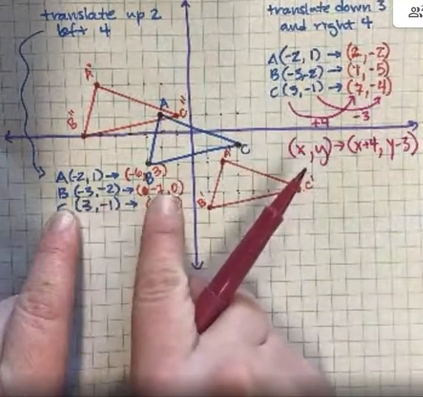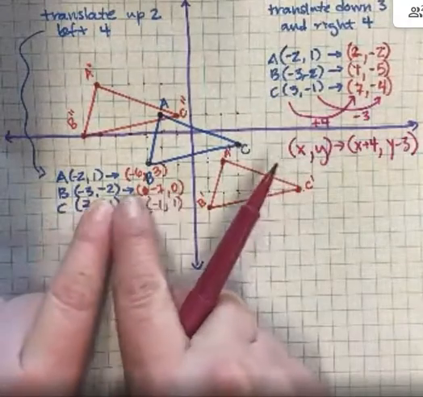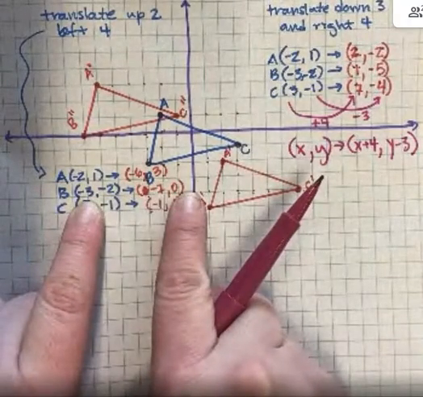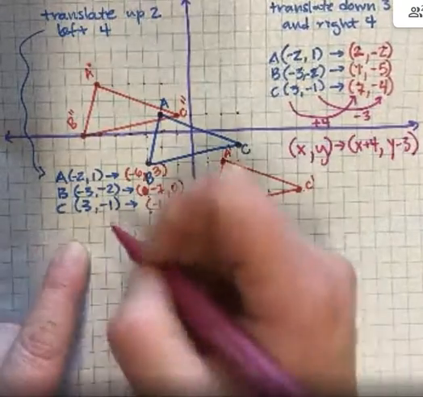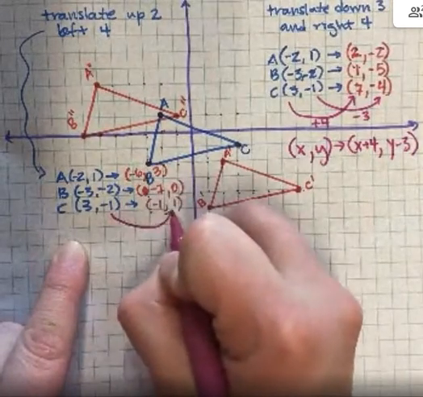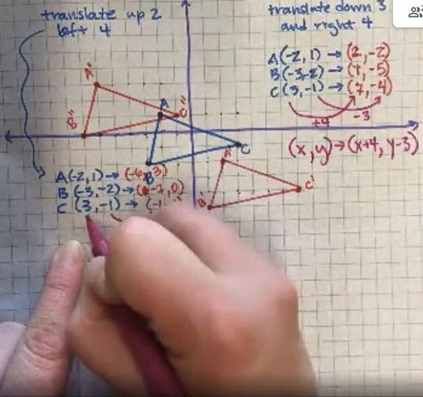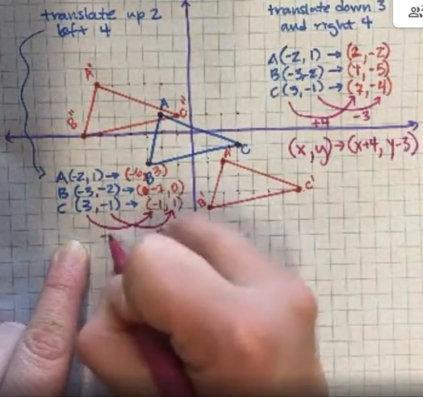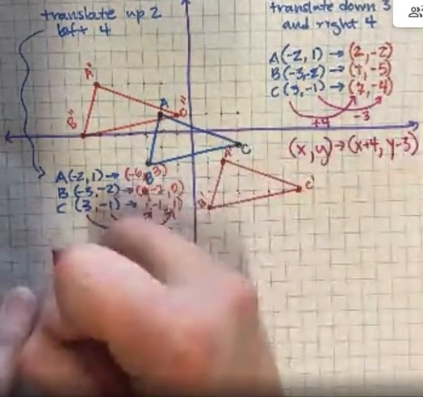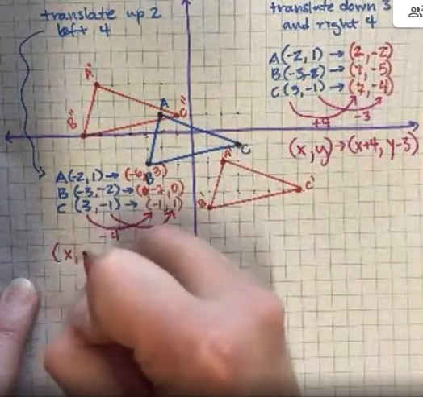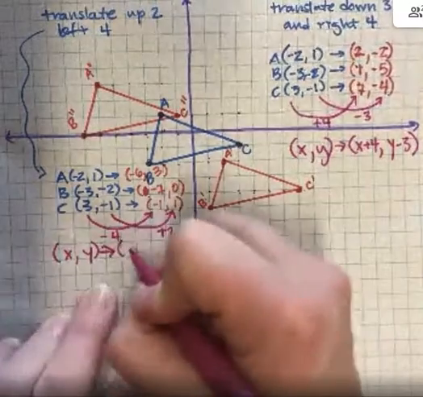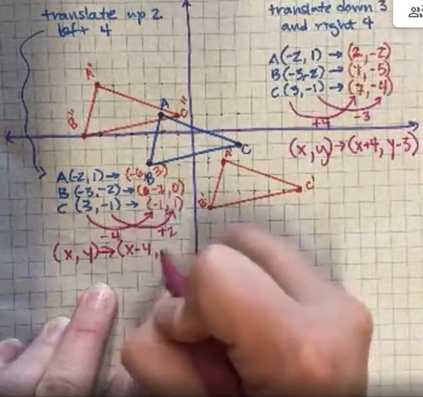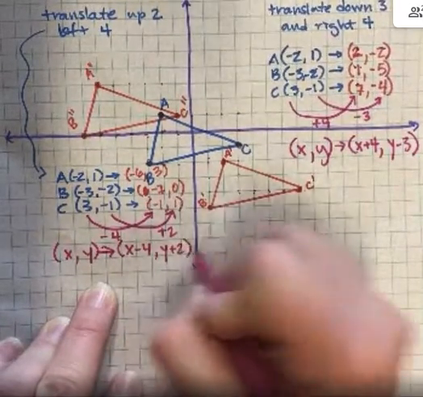Negative 3 to negative 7, subtracting 4, negative 2 to 0, adding 2. Subtracting 4, adding 2. So this time, my x, y became x minus 4, y plus 2.